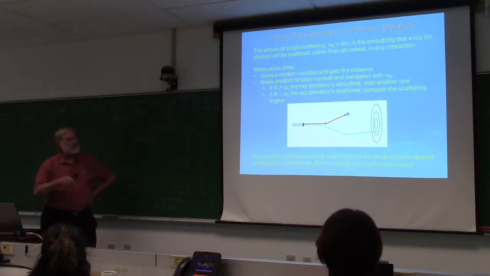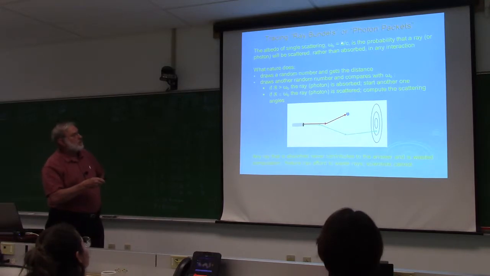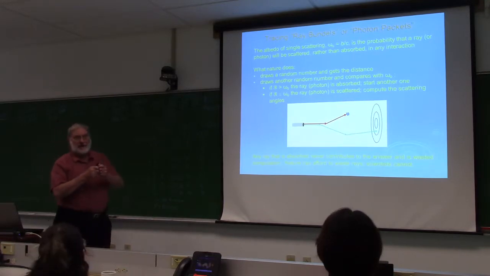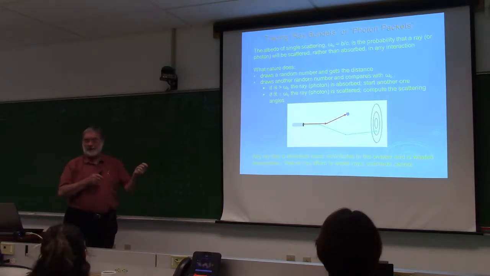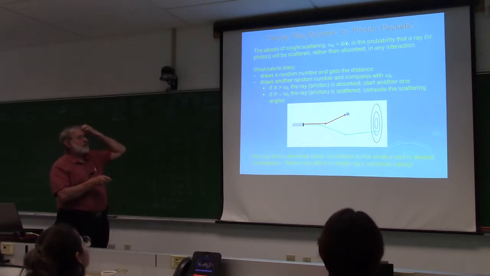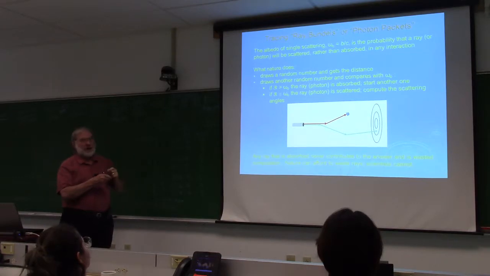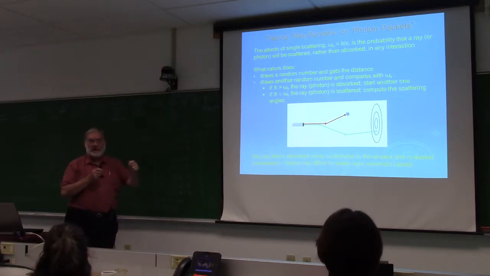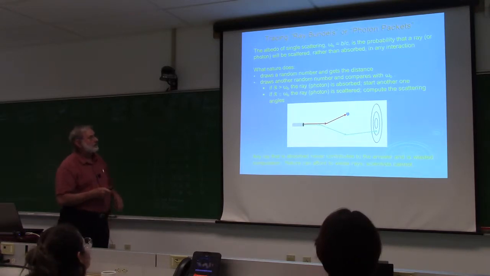So if the albedo is 1, B is equal to C, that says the rays are always scattered, there's no absorption. If the albedo were 0, B is 0, C is whatever, and that would say every time a photon interacts, it's absorbed. And then the real world is in between.